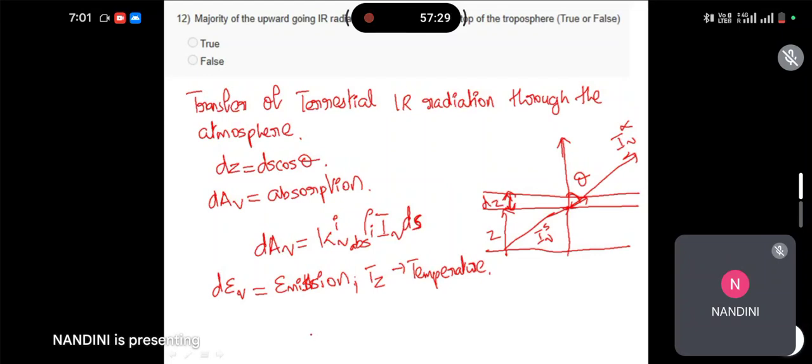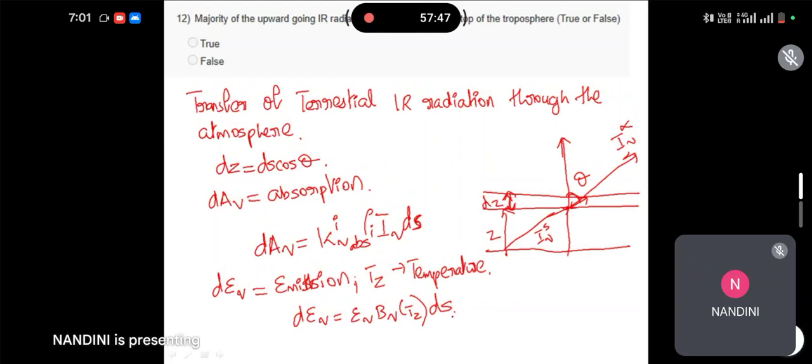If epsilon nu is the spectral emissivity of the medium, then the upward emitted radiation is given by dE nu equal to the emissivity epsilon nu into B nu of T into ds, a function of the temperature of the medium.